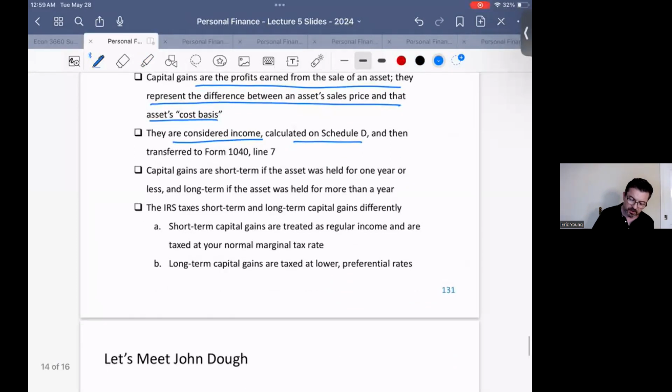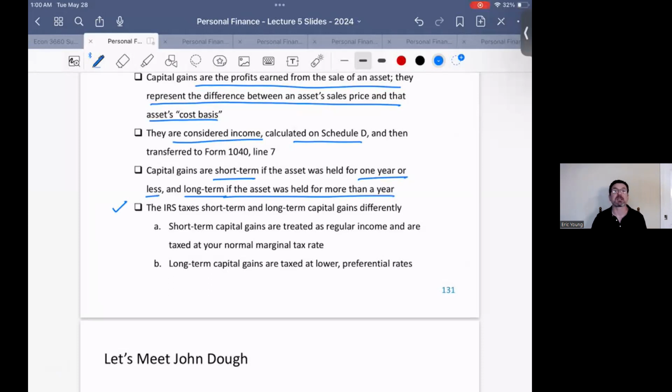Capital gains can also be considered short-term or long-term. Short-term refers to an asset held for a year or less. Long-term is an asset held for more than a year. So if you own an asset and you sell it before a year is up, that's a short-term gain. If you wait a year and a day or longer, it's a long-term gain. You ask, what's the difference? Well, here is something very interesting, and it's very rare in tax law.